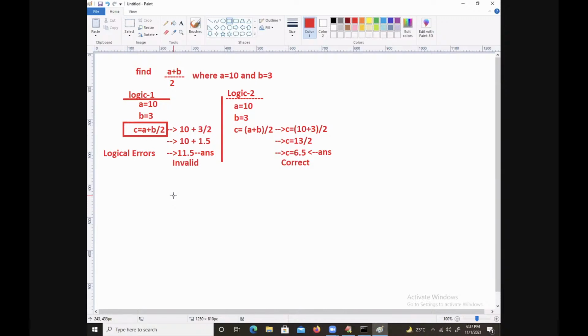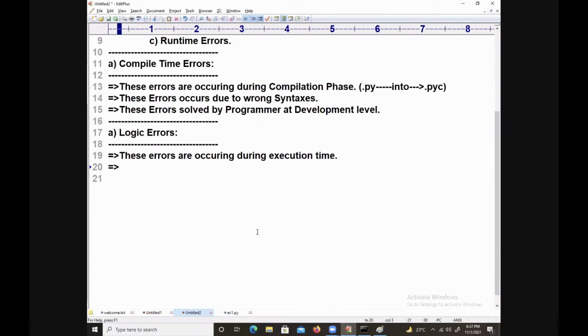Right? So, coming to the point, these errors are occurring during execution time. Why are these errors occurring? Syntax errors are coming due to wrong syntax. Be careful.